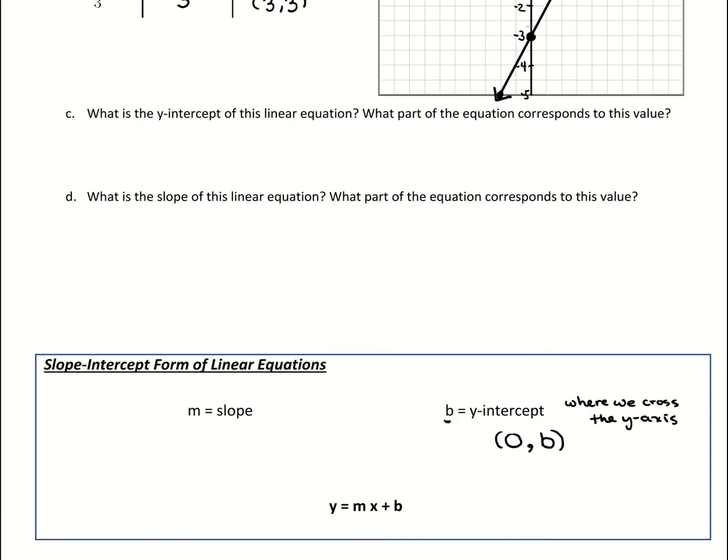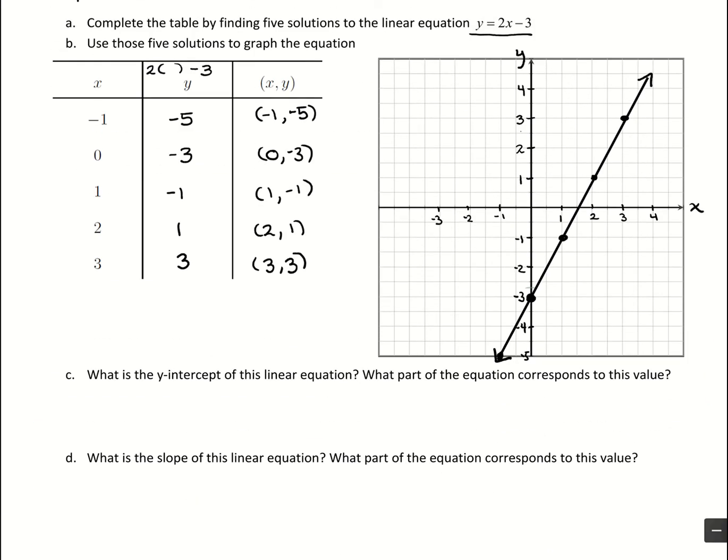So if we look at our graph, our y-axis is this vertical axis right here, and we want to see where our graph intersects with that axis, and that's what's happening right here at -3. So we have this coordinate right here, and we can see it on our table as well, where x is equal to 0. That will be our y-intercept, the coordinate (0, -3).